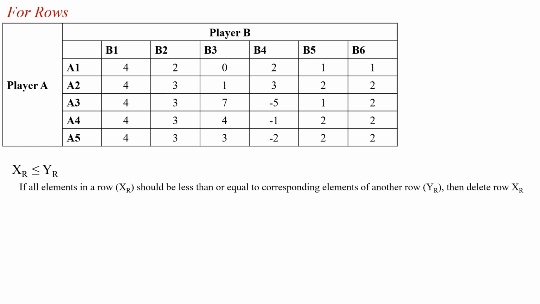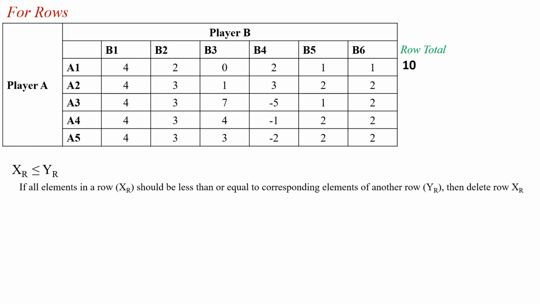Before applying the dominance rule, first we have to determine the total of each row's elements. For the first row, the row total is 4 plus 2 plus 0 plus 2 plus 1 plus 1. So the first row total is 10.